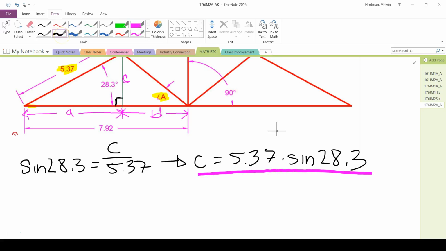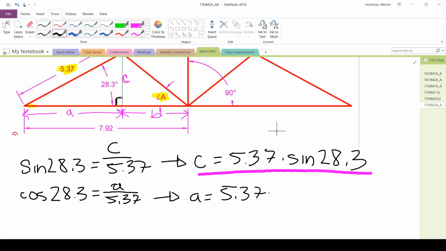And then we've got to do cosine of 28.3 equals A over 5.37. And that gives us A equals 5.37 times the cosine of 28.3.